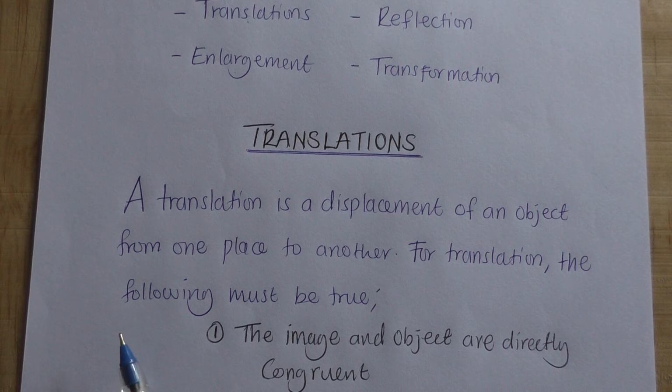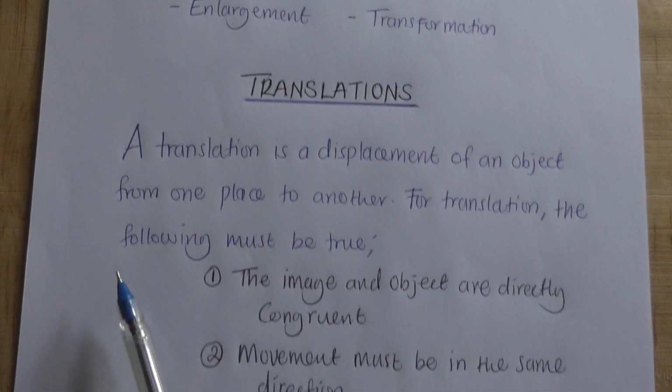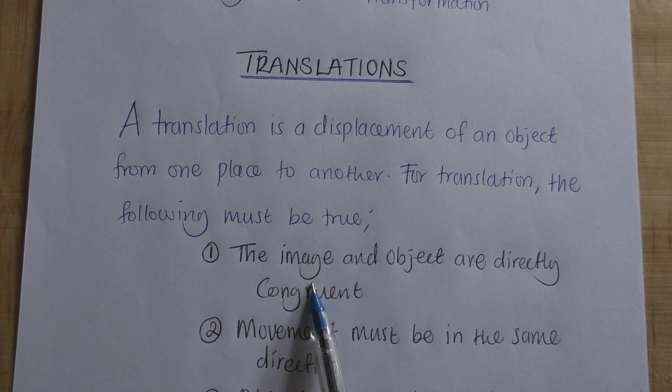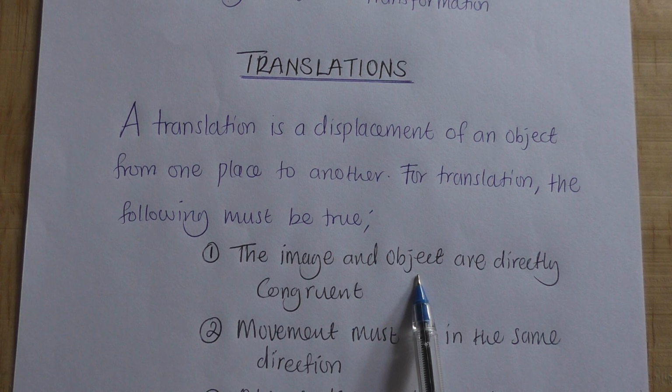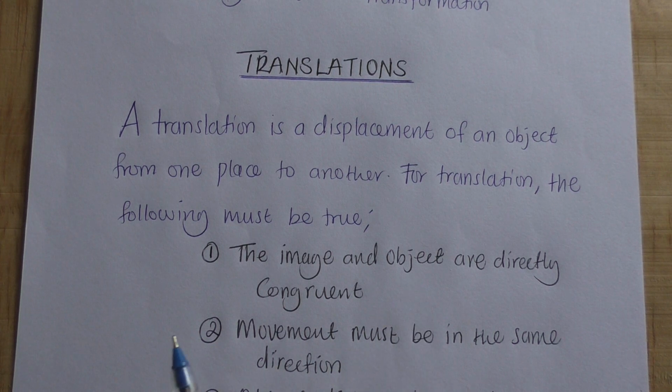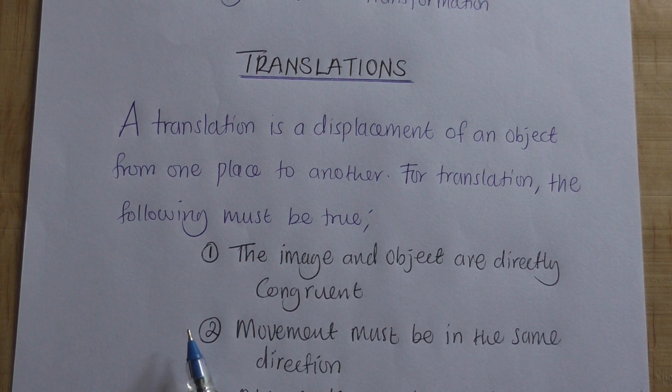A translation is simply a displacement of an object from one place to another. For translation, the following must be noted. 1. The image and the object are directly congruent. 2.